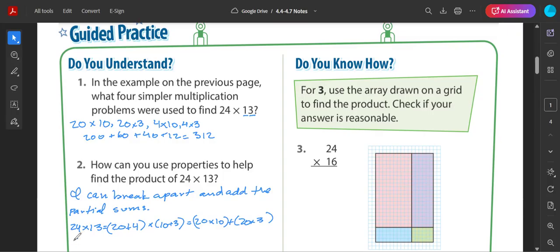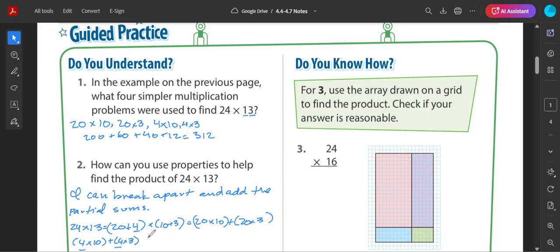And 4 times 10 plus 4 times 3. I wanted to make it a little bit simpler for our combination because here I had my 4 and I wanted to combine both my 4's together. Because yes, 4 times 3 is one of the equations, but I wanted to combine it with the other 4's.